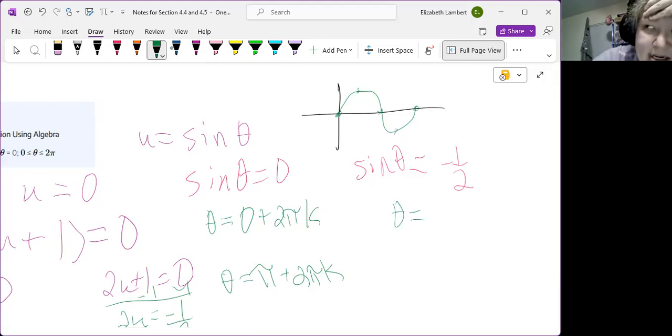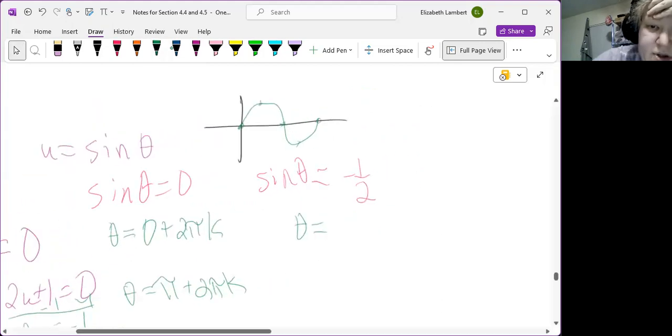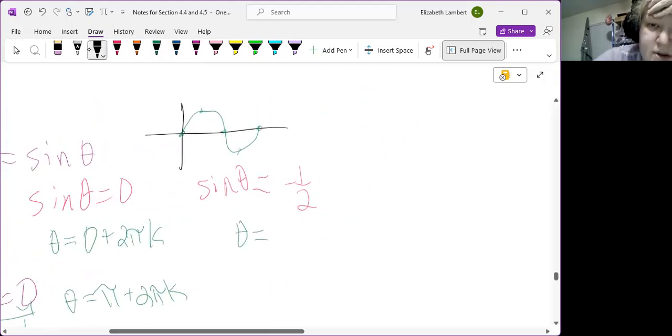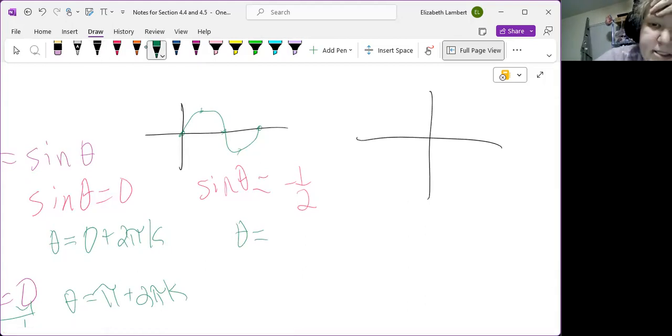Now, where is sine negative 1/2? All right, so 1/2 is long, short vertical, long horizontal, short vertical, which is the smaller angle. So this is 30 degrees, which is pi over 6. That's literally the entire chain of thoughts in my head. All right, but we want negative.